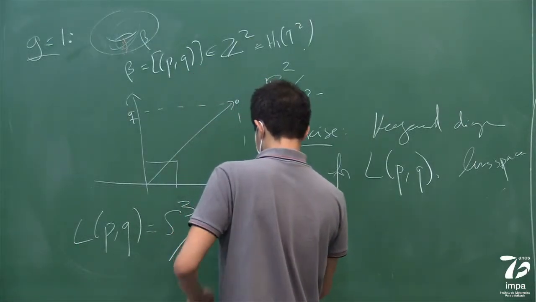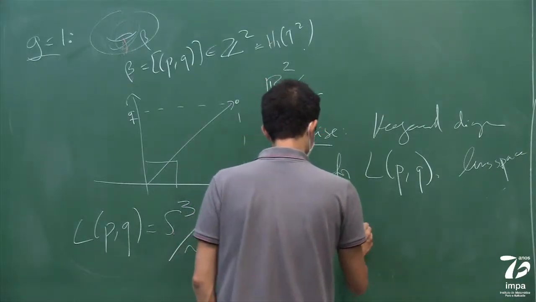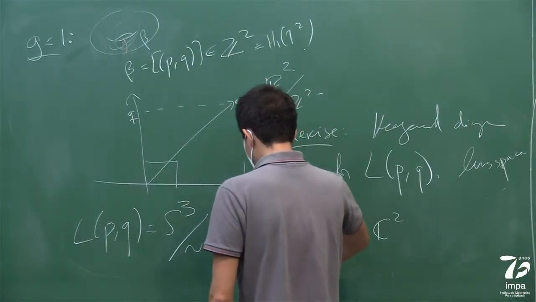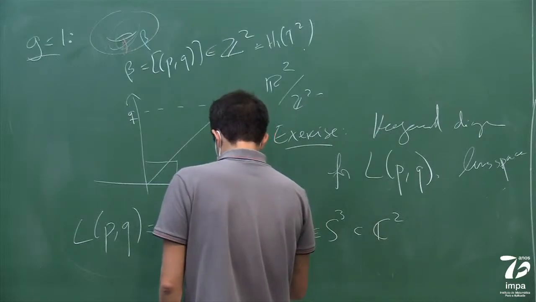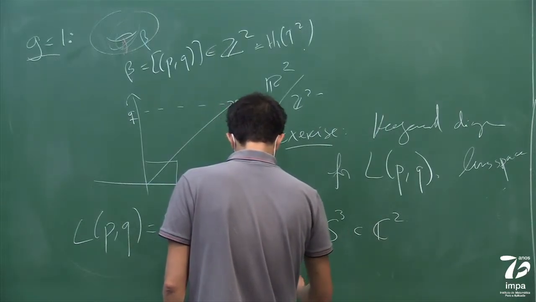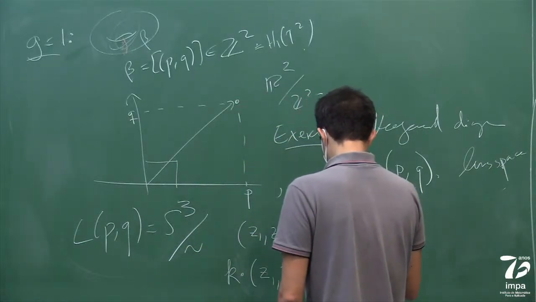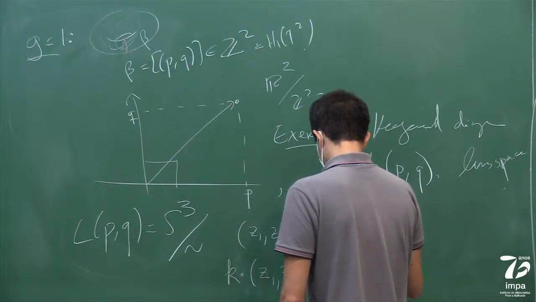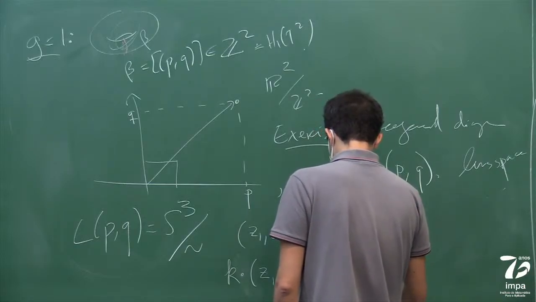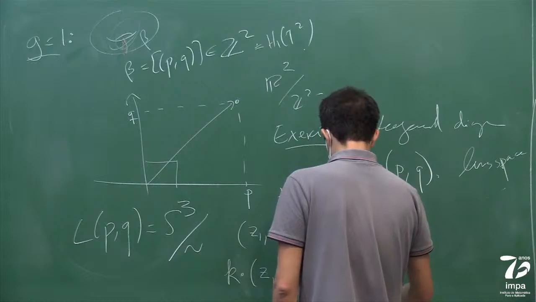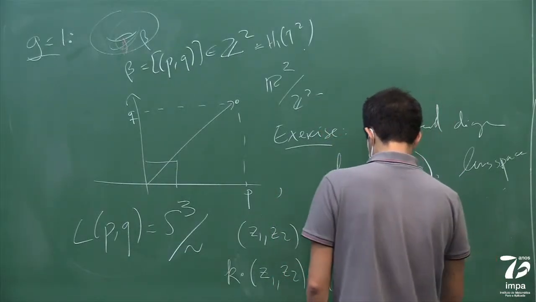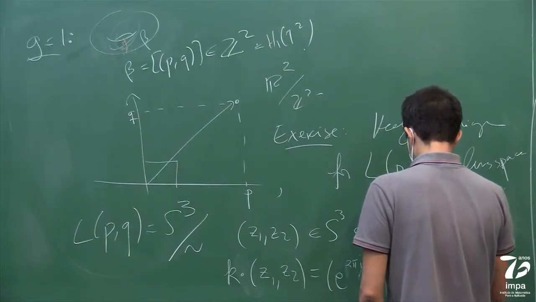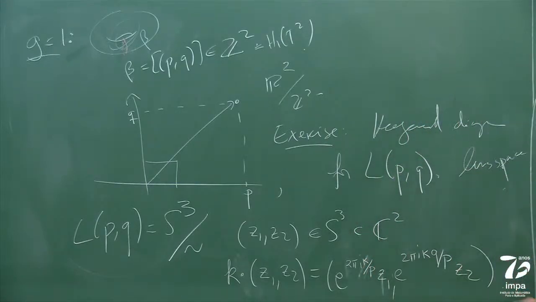If you have (z1, z2) in S3, which you think of as inside of C2, you define an action the following way: k times (z1, z2) is (e^(2 pi i k/p) z1, e^(2 pi i kq/p) z2). I think this is what it is.